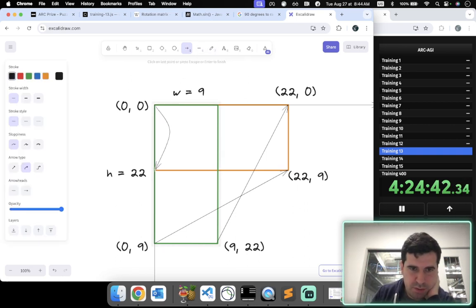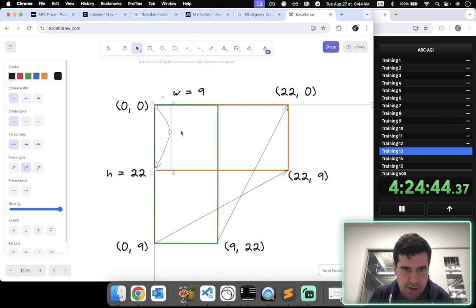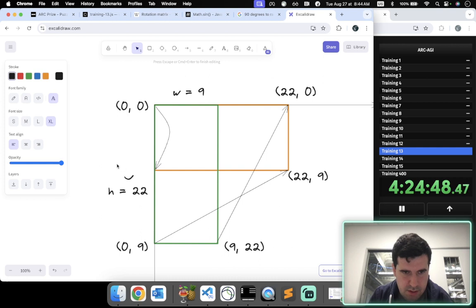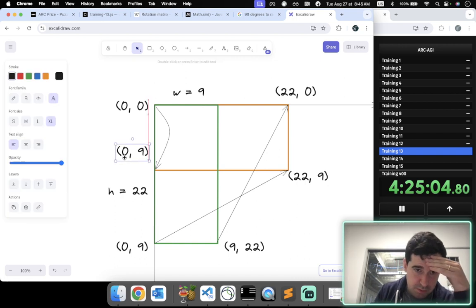So this one should be this one. And so this is, oh, why is it rotated? No way, rotated. Come back. Okay, so this one should be x equals 0, and it should be 9. Okay, so why is this one 9?